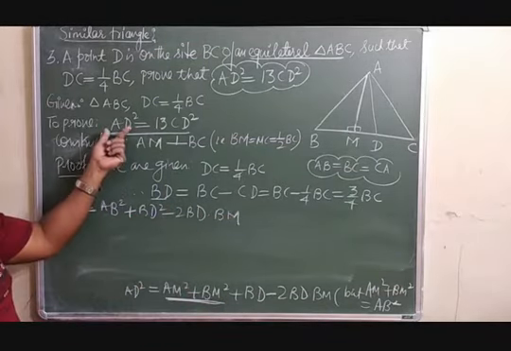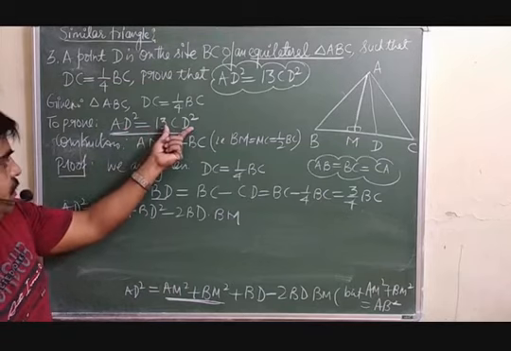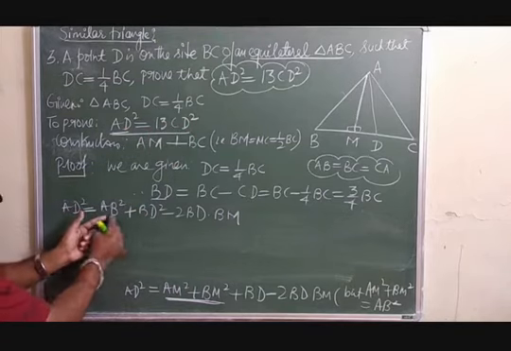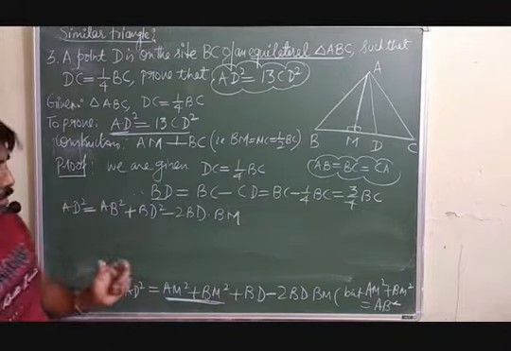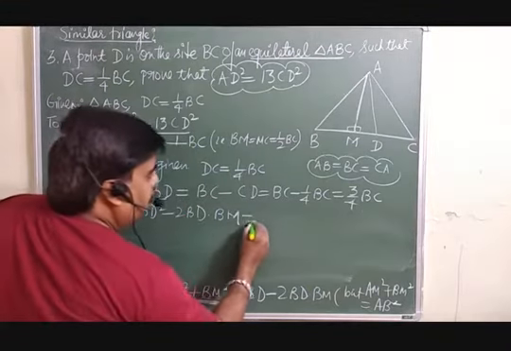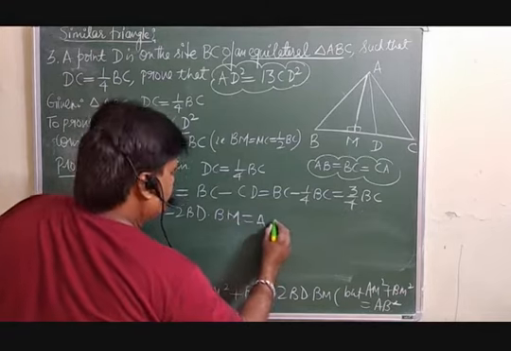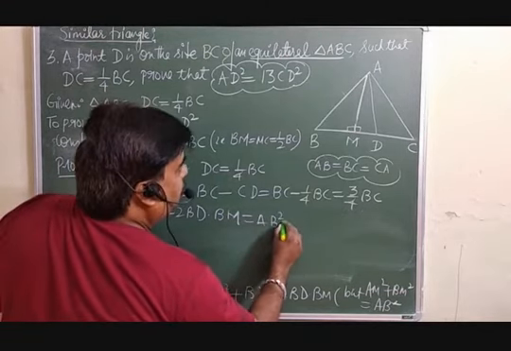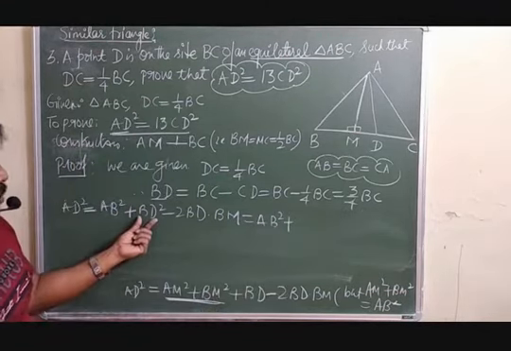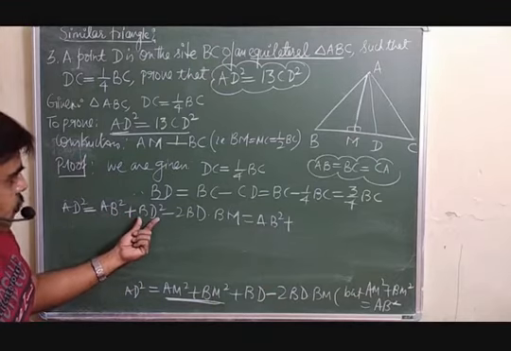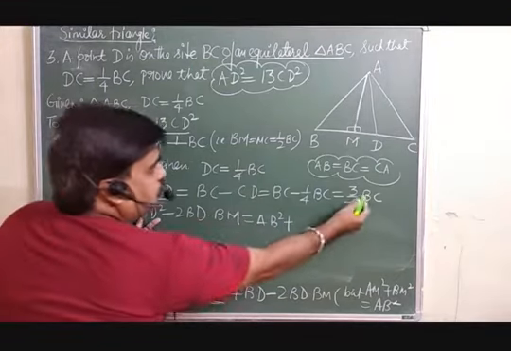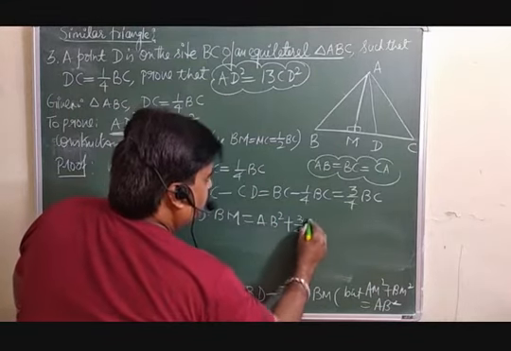But you want the answer in terms of AD and CD, so you have to change BD and BM in terms of CD. Keep AB square as it is. BD you can write from here: 3 by 4 BC whole square.